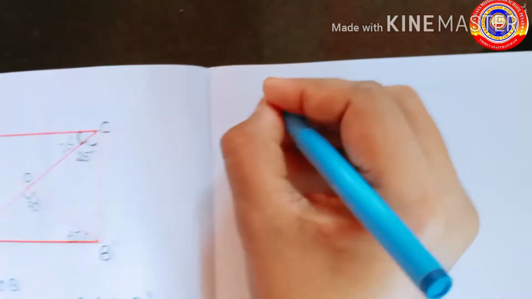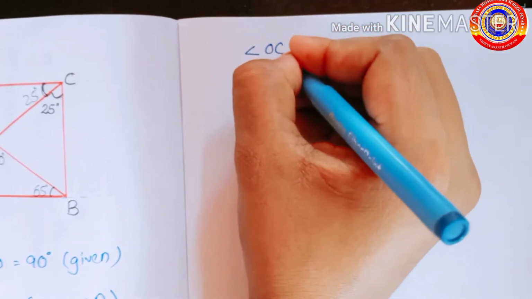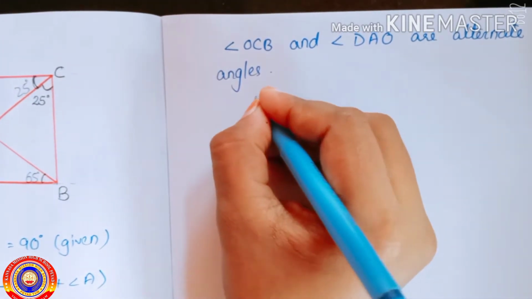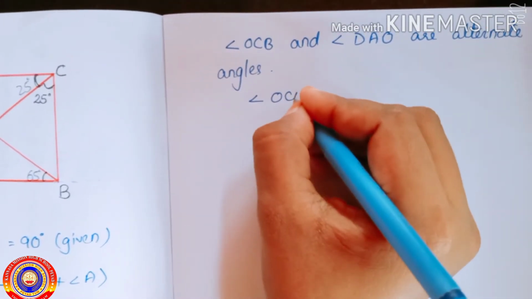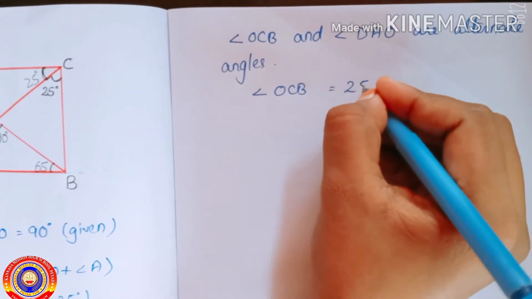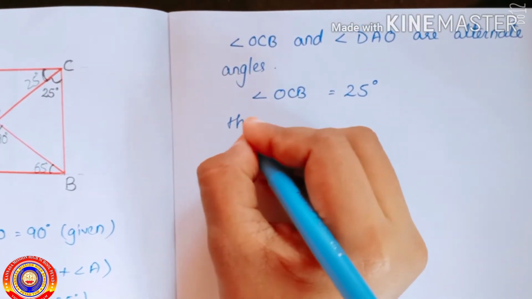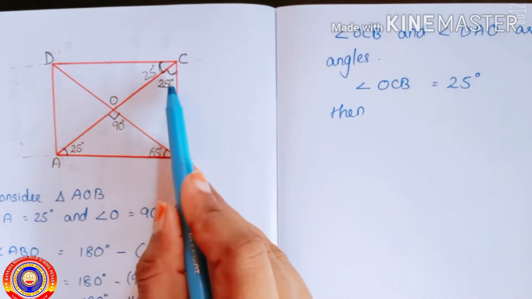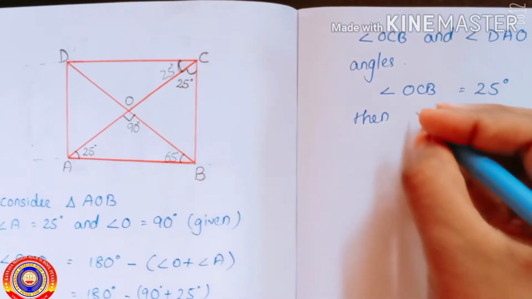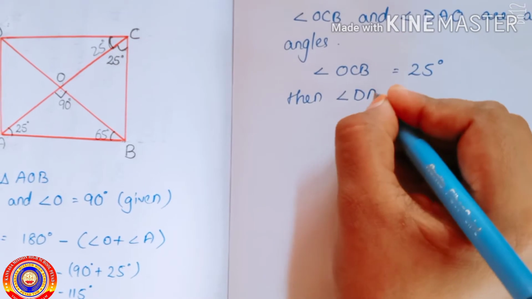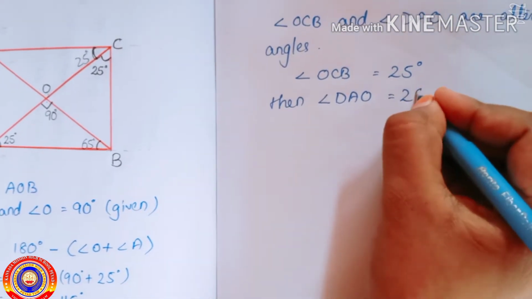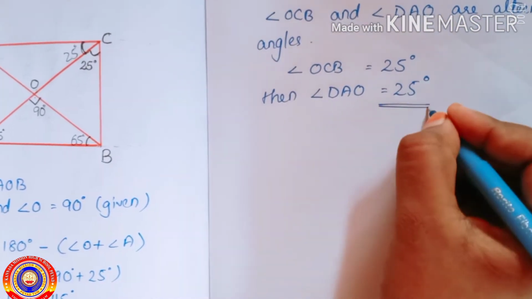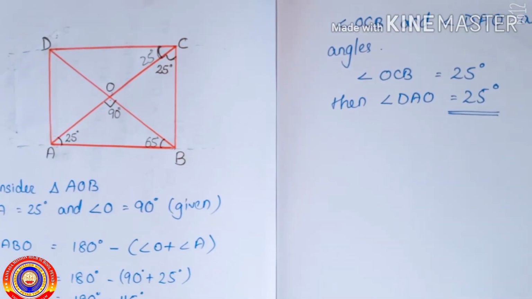Angle OCB is equal to 25 degrees. Then angle DAO, which is the alternate angle, also has the same measurement. Angle DAO is equal to 25 degrees.